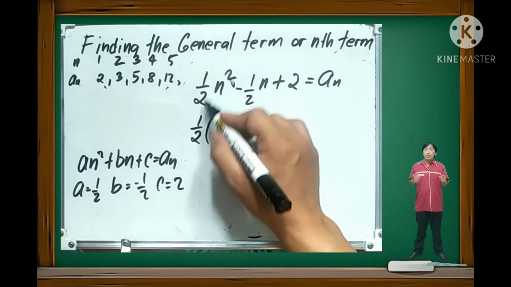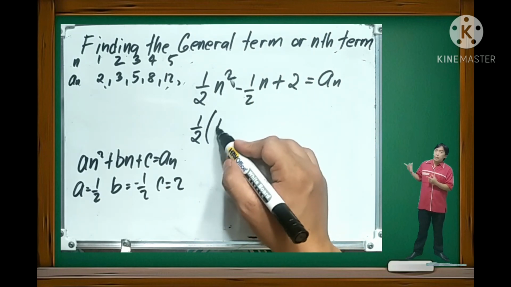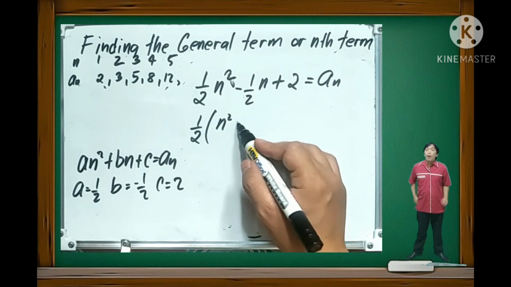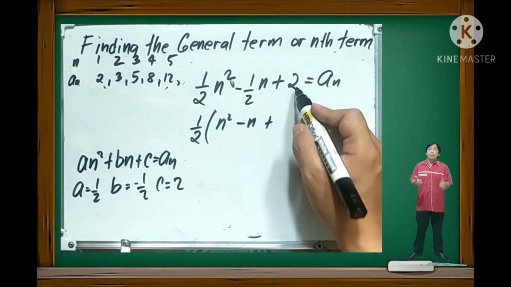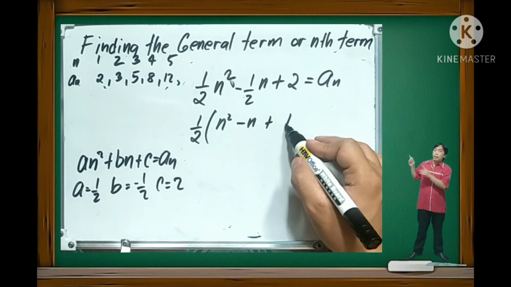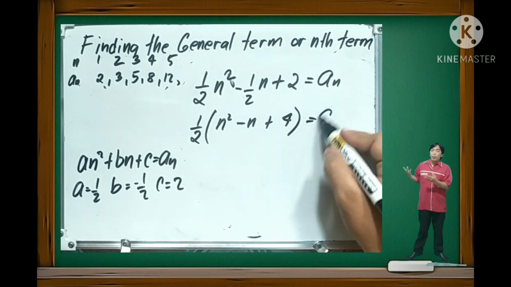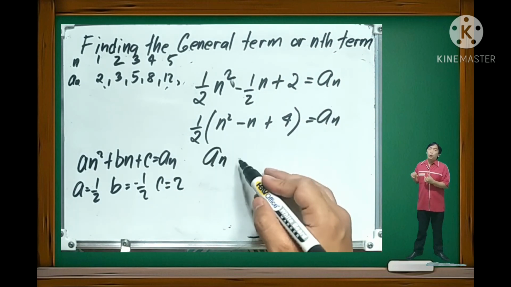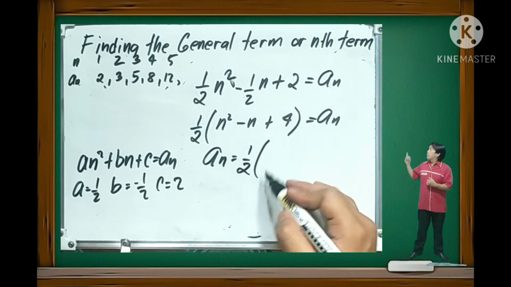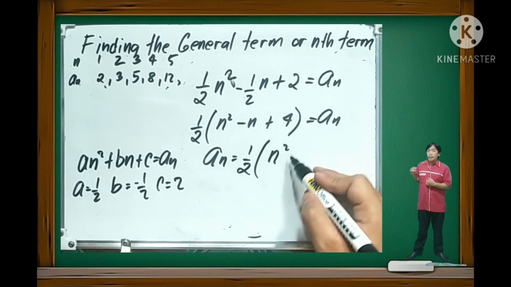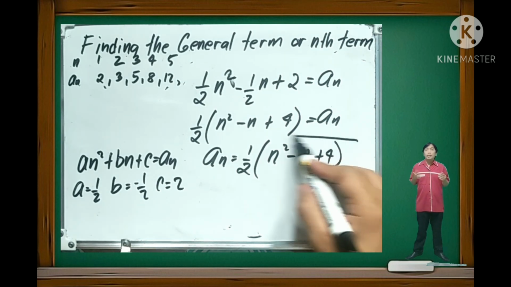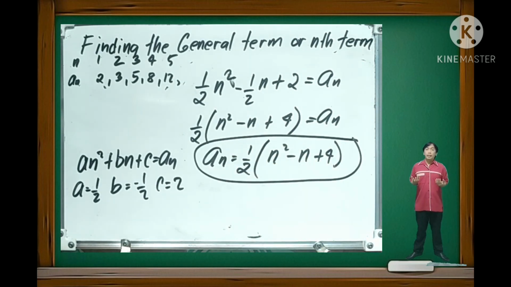So 1/2 n squared divided by 1/2 is n squared. Negative 1/2 n divided by 1/2 is negative n, plus 2 divided by 1/2, the answer is 4, is equal to a sub n. So we can rewrite this as a sub n is equal to 1/2 times the quantity n squared minus n plus 4. So this is now our general term.